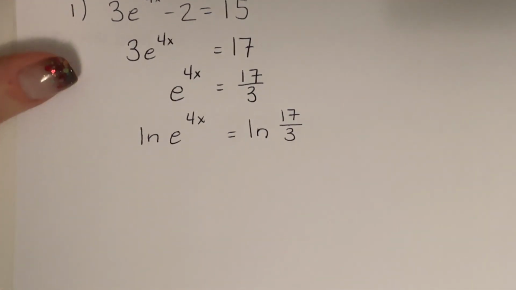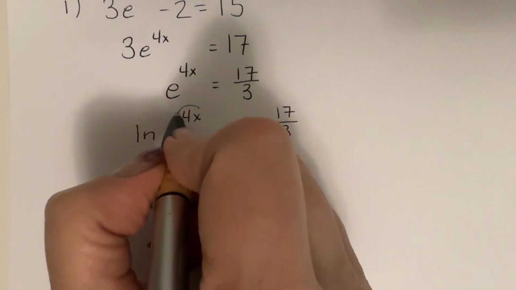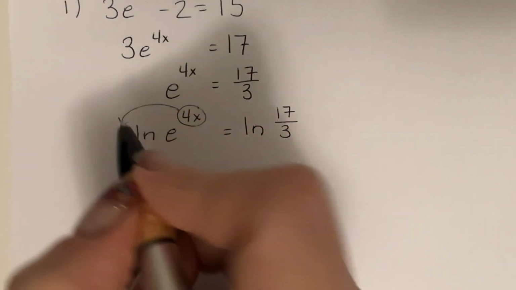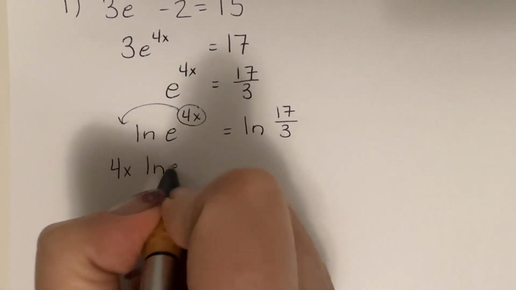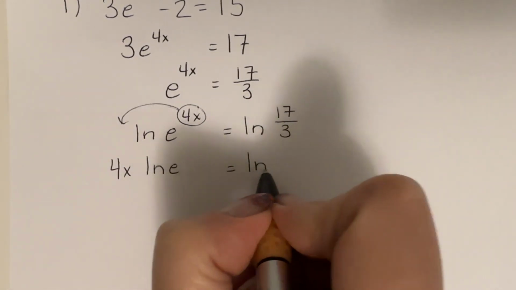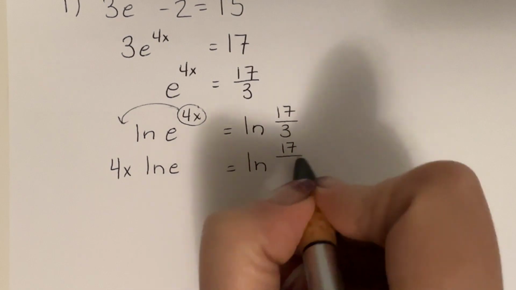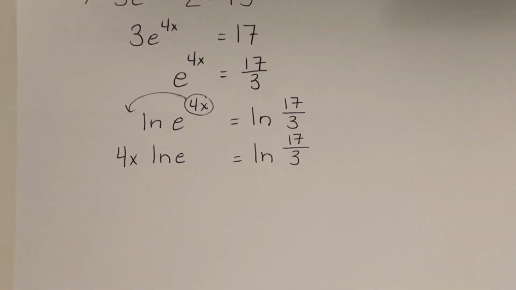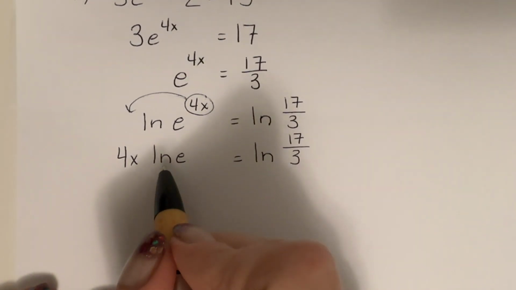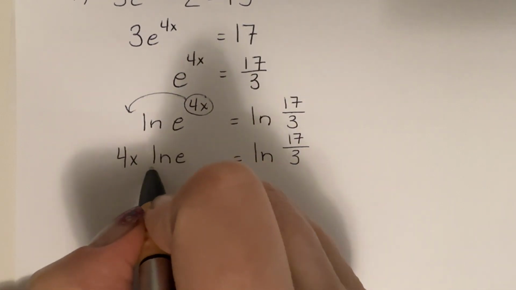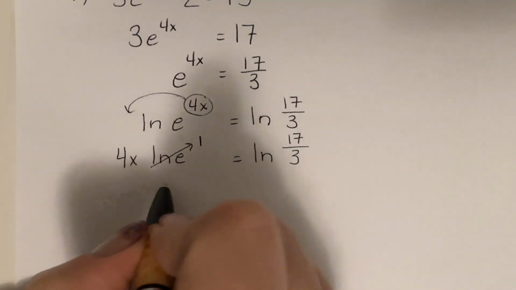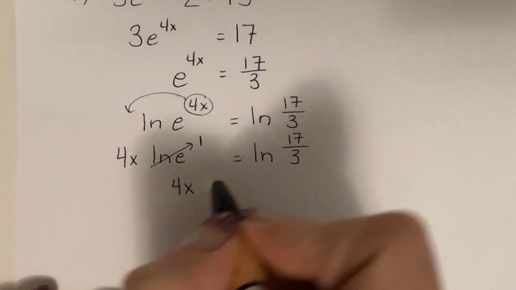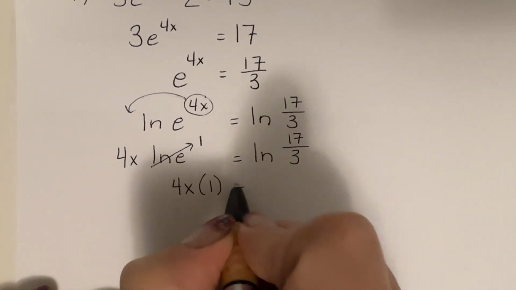Okay, so the reason we do this is so we can move that out front. Okay, up above in the box, we defined what ln of e was, because these are opposite operations, so they're just equal to 1. So that's 4x times 1.